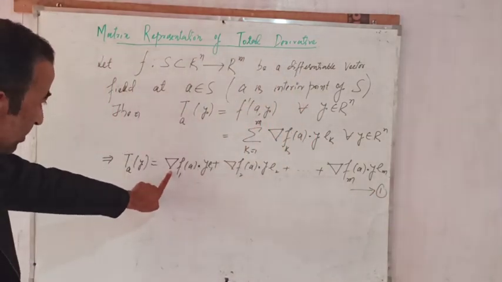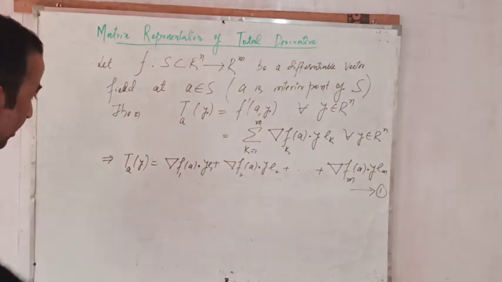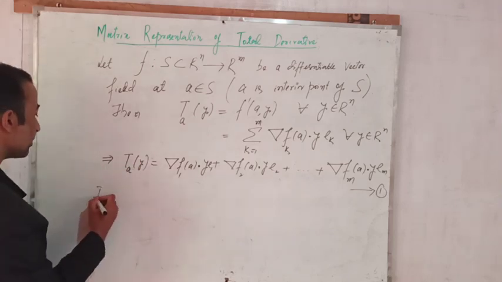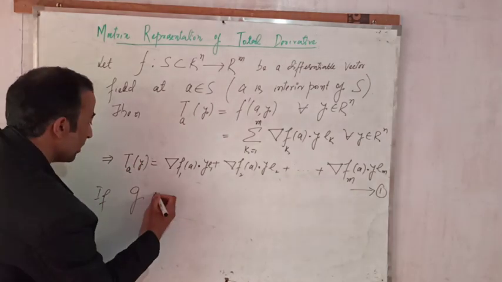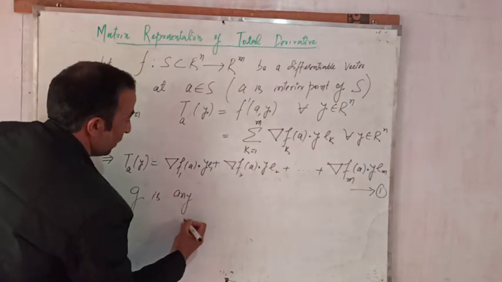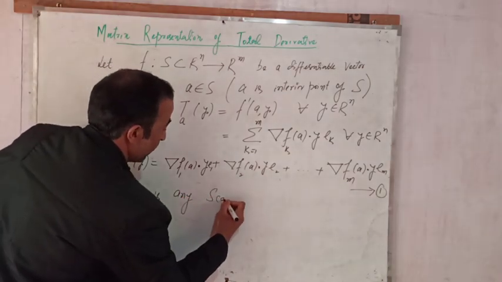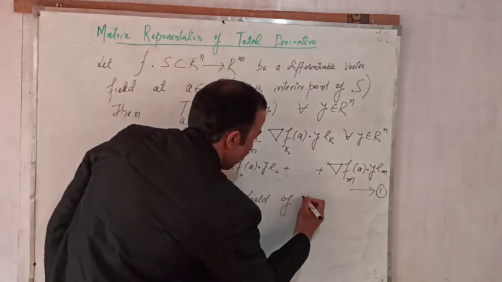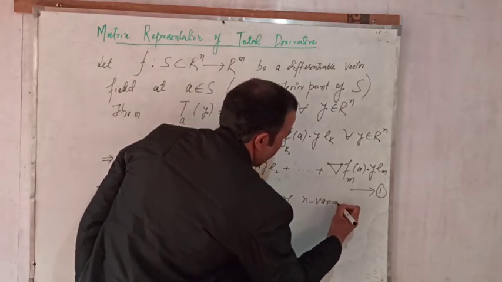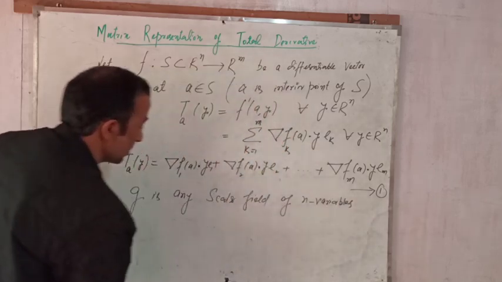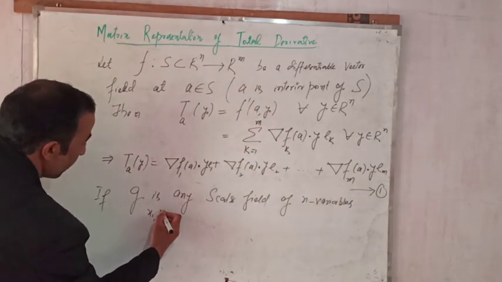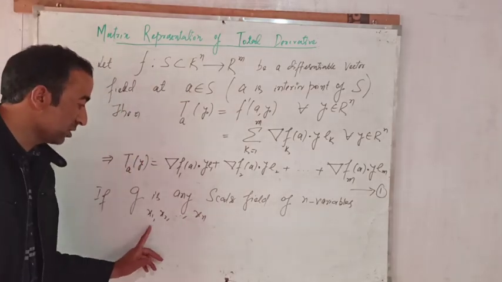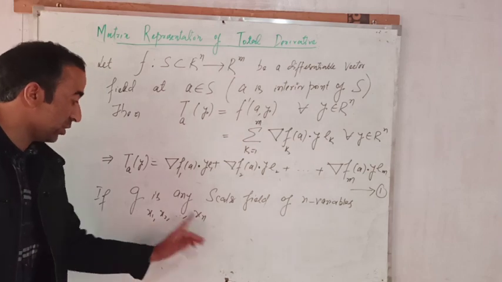But you know what, this gradient of f_1, I will give you the value of this one. If g is any scalar field of n variables, say x_1, x_2, and so on, x_n, or simply you can say g is a function of n variables x_1, x_2, and so on, x_n.